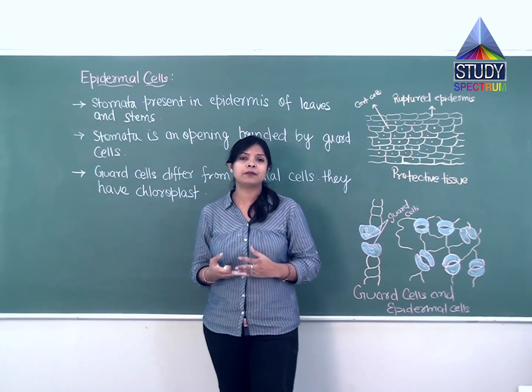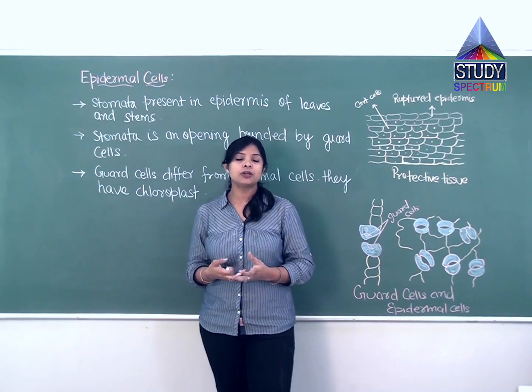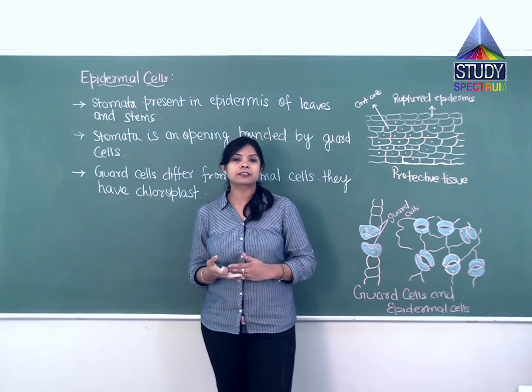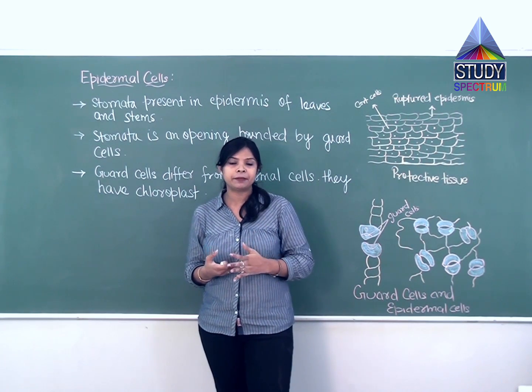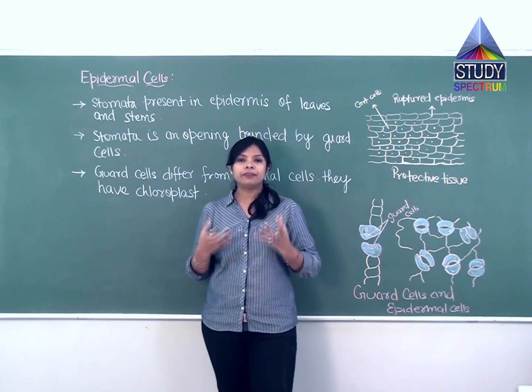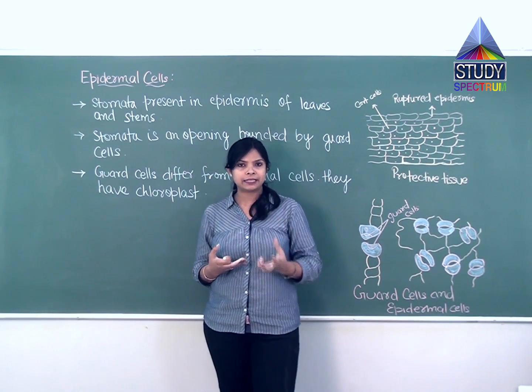Other than this, we have also discussed the cuticle, which is a wax-like covering present on the upper surface of the epidermis. So what is its role? It protects the plant from various kinds of diseases and other things.